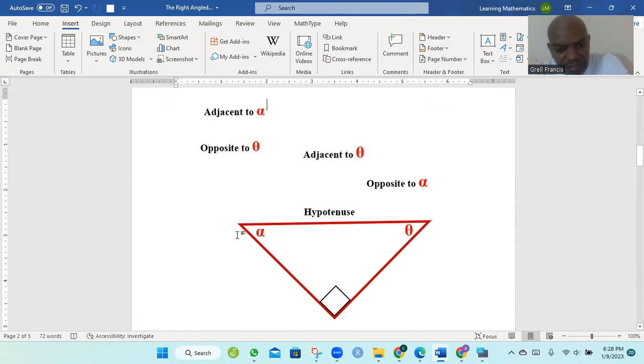Now, this left side here, the side connecting alpha and the 90 degrees, there are two names we can call that side. Let's try to identify one of those names, and then we'll identify the other.